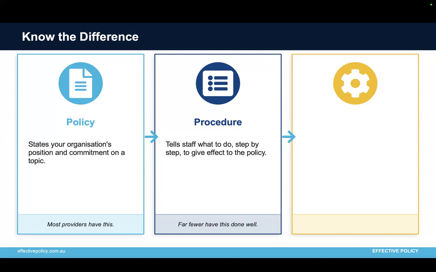So we run around and hear people talking about policy and procedure, and I don't think that a lot of people stop and think it's a policy and procedure. So once upon a time, before 2012, we used to have a lot of policy and procedure. I worked in aging, disability and home care before NDIS.